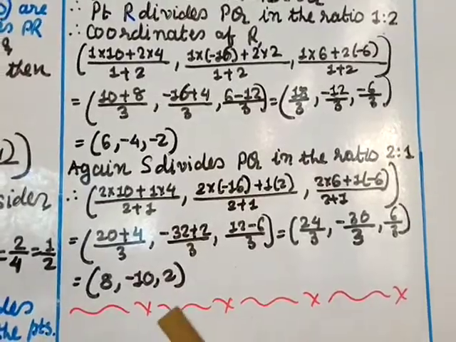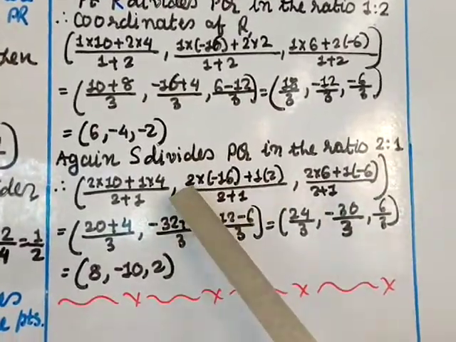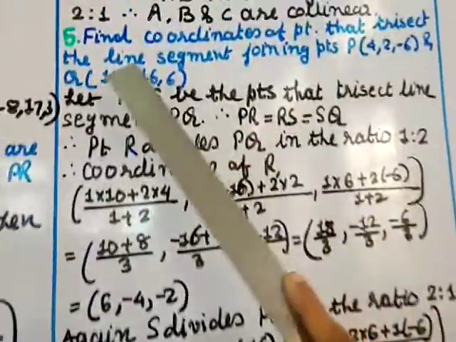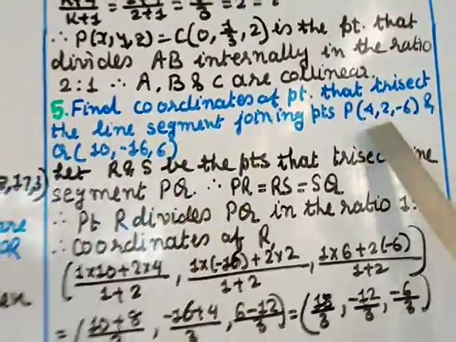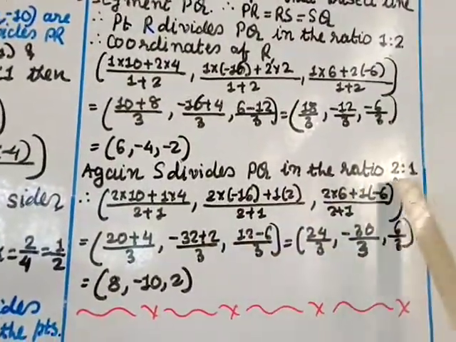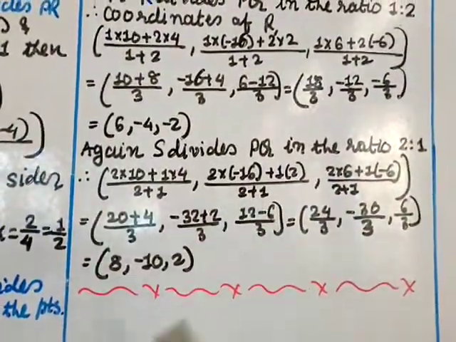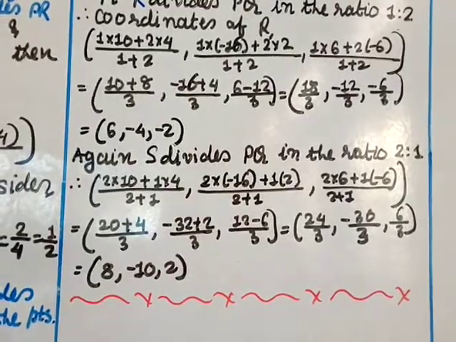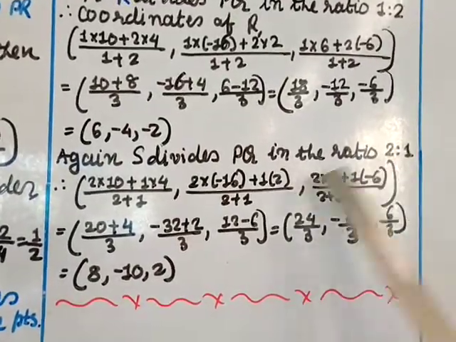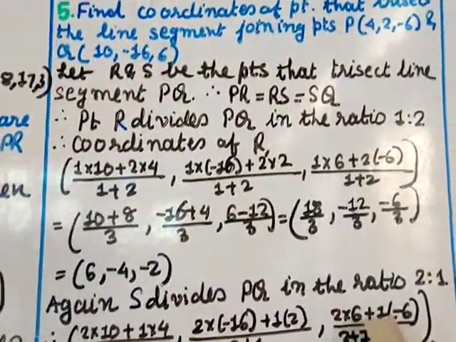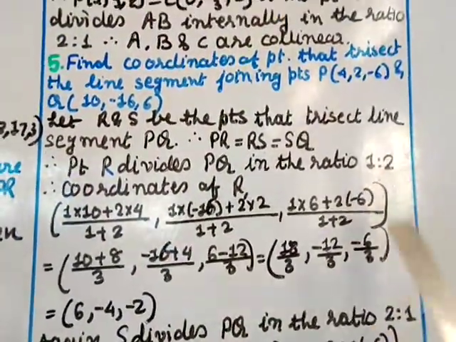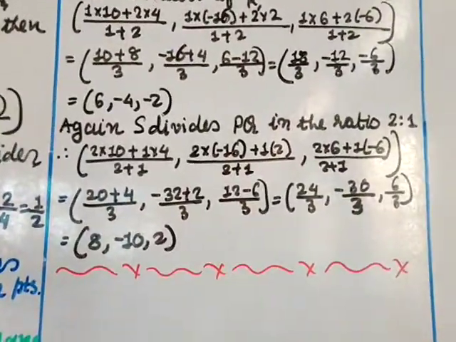Then m y2 plus n y1: 2 into y2, and y2 is -16, so put -16, plus n, that is 1, and y1, that is 2, so 1 into 2, divided by m plus n, that is 2 plus 1. And the last one is m z2 plus n z1. So m is 2, z2 is 6, so put 6 here, plus n, that is 1, and z1 is -6, so -6, divided by m plus n, that is 2 plus 1.